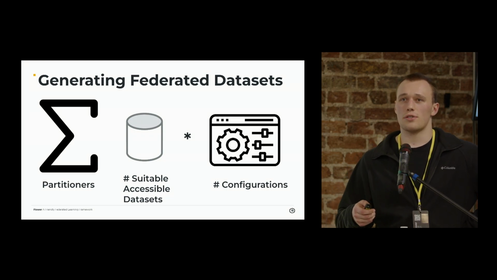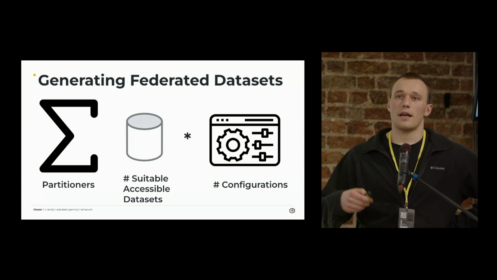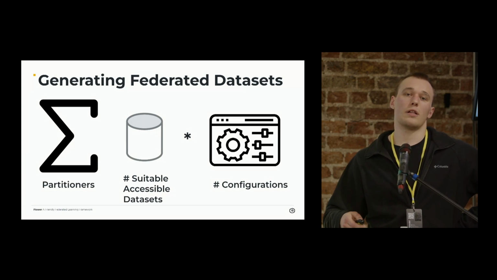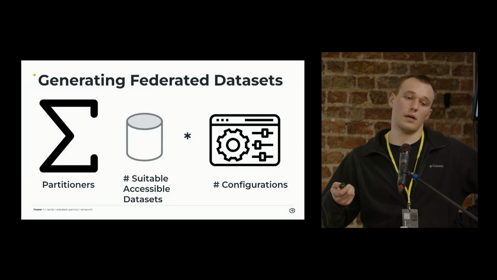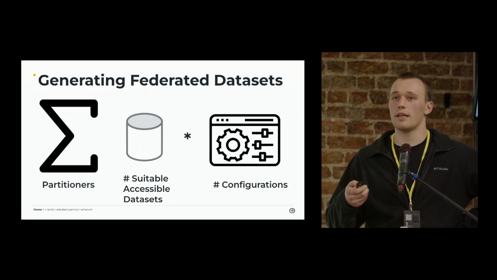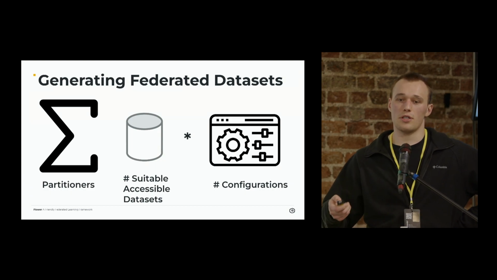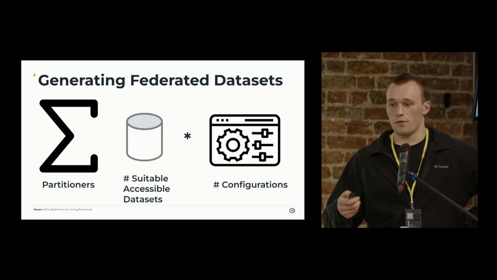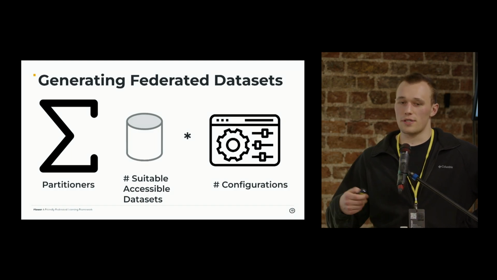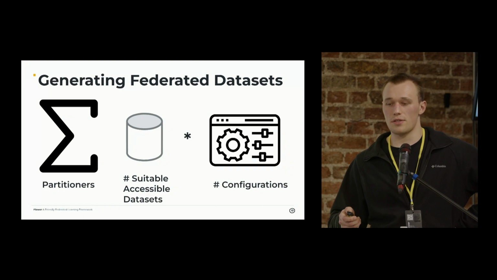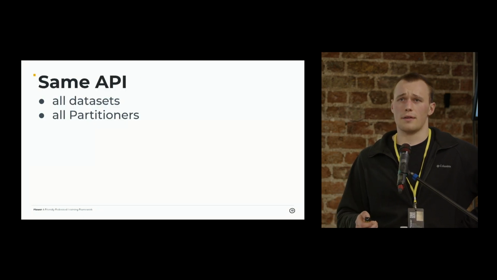And accessible: the library allows for a limited number, typically, of datasets, and we have configurations. Each such partitioner can be configured in a specific manner. You can have the alpha parameter, number of partitions, partition sizes, and things like that.